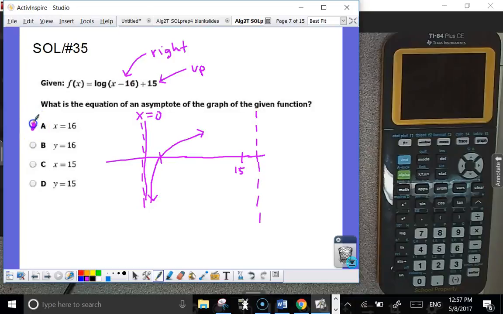Now you can't be getting confused about how to make the equation of a horizontal versus a vertical line. You can see in their 4 answers, that's exactly what they were trying to trap you with. They've got some y equals and some x equals. The way you make a vertical line is with x equals. And that +15 is moving you up and down, so it doesn't change the position of a vertical line. It was the 16 that you needed. So x equals 16.